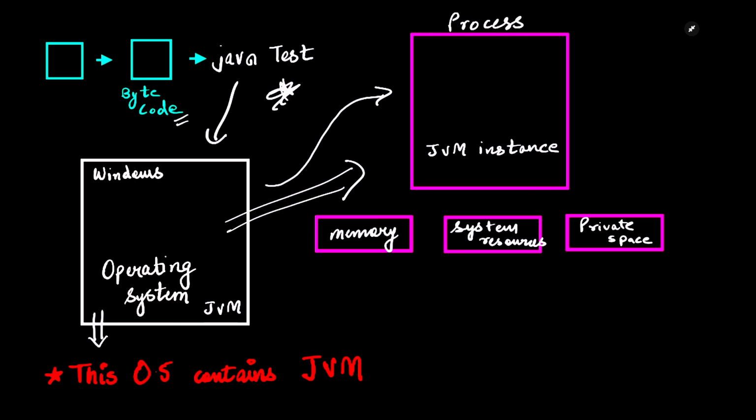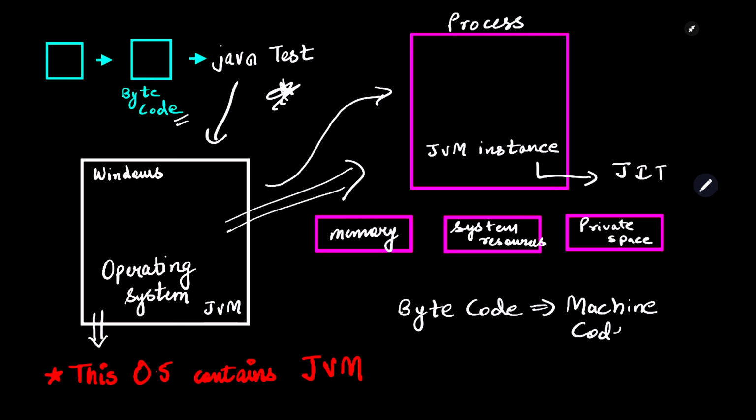Now, this JVM instance contains the JIT, that is the just-in-time compiler, which helps convert the bytecode into machine code so that the JVM can execute this machine code.